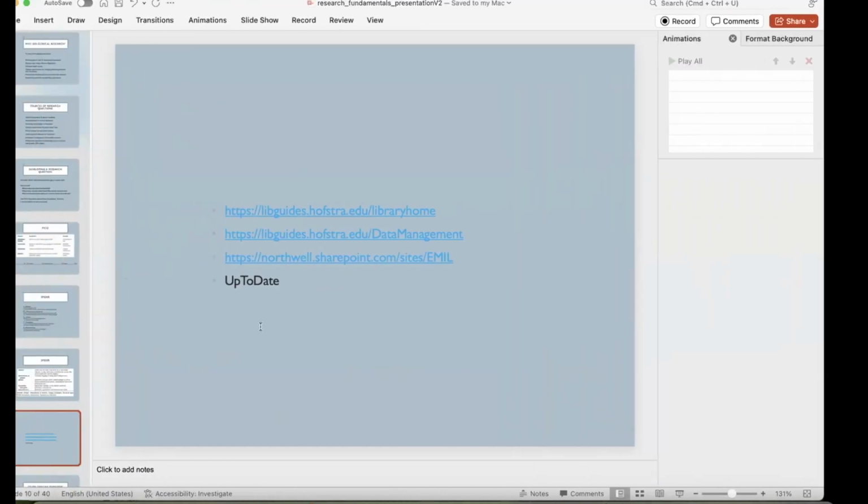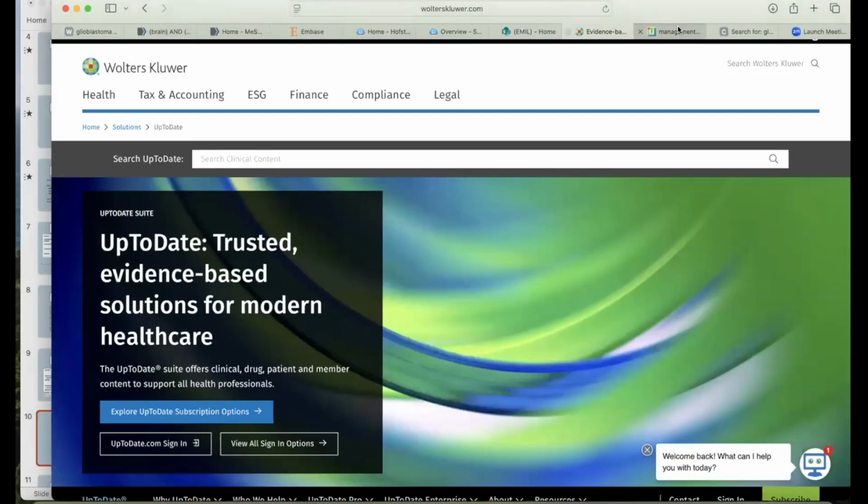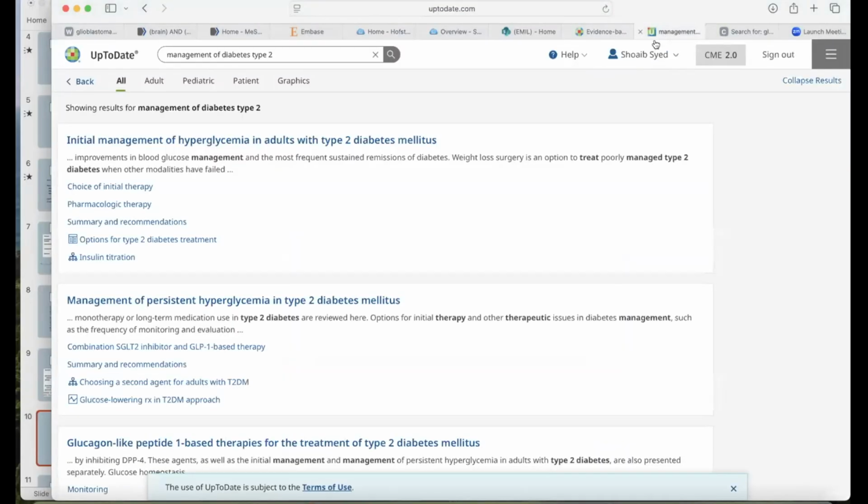The next thing that I wanted to talk about was UpToDate, which is another resource, and it's an evidence-based kind of software that clinicians use real time in the hospital to look at the most recent guidelines for treatment and diagnostics of each disease. So, for example, on UpToDate, I've searched here management of type 2 diabetes.